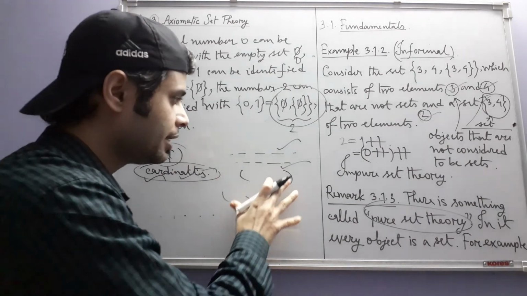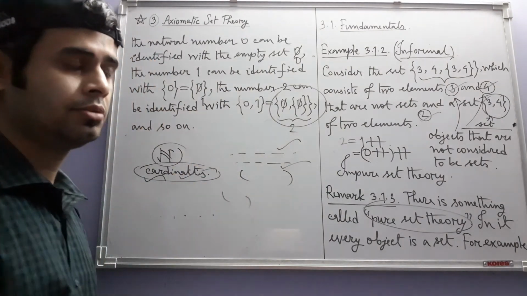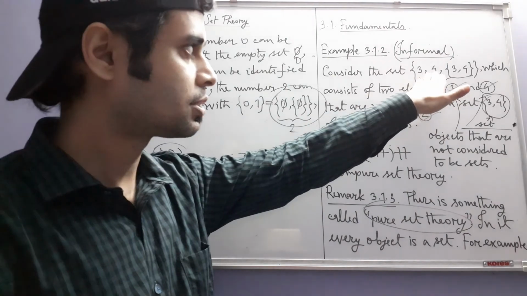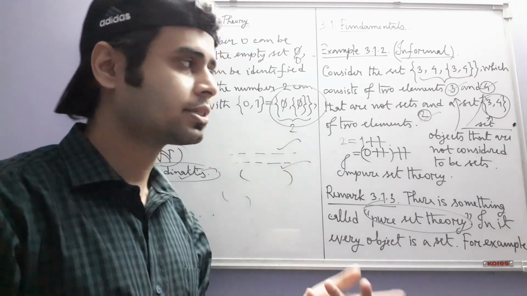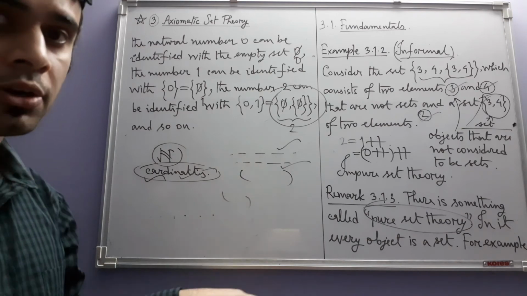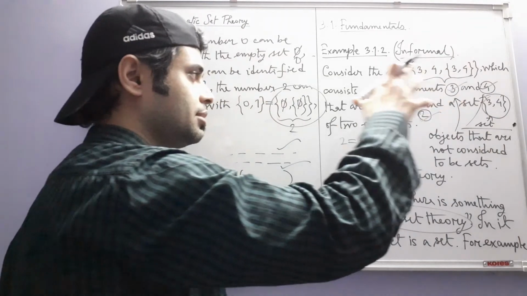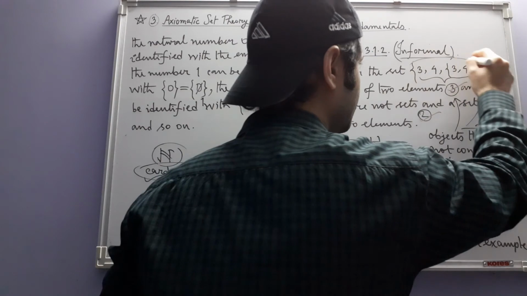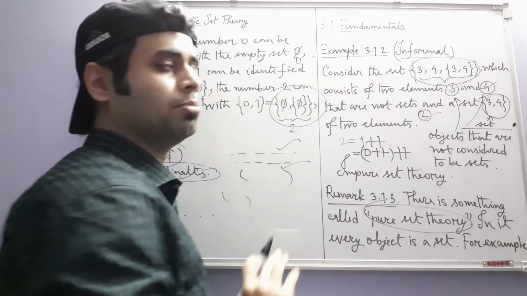So unless we get to those axioms, any example of a set that cannot be justified using the given axioms does not exist for us. For us, this is still not a set. It will be a set when we introduce the axiom of pair sets, singleton sets, those things. Unless the existence of a set is justified by an axiom, it does not exist for us. Because we are using something which has no justification as yet, this is informal.